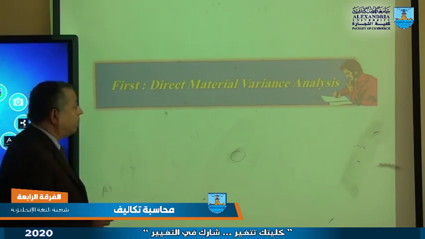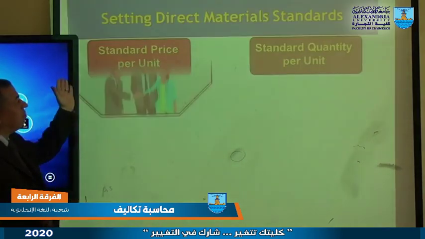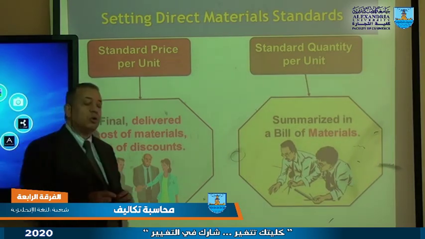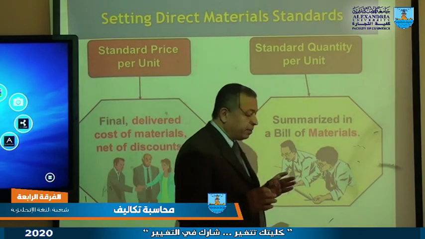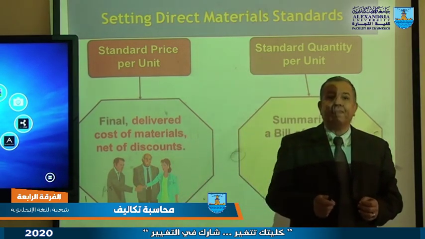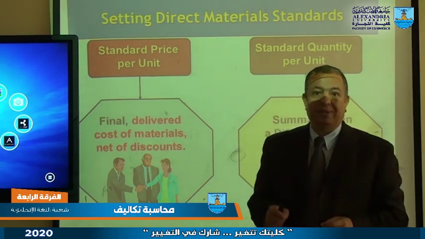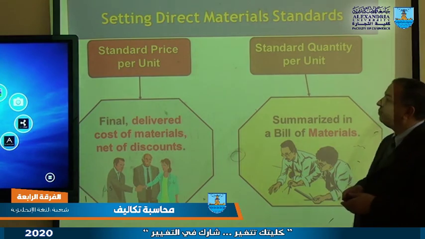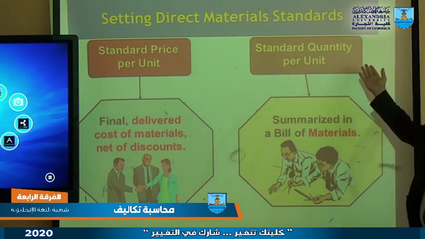If you remember, firstly, for direct material, we have to set standards. How to calculate the cost of direct material, if you remember? Quantity times price. So we set 2 standards. One of them, we set the quantity per unit.